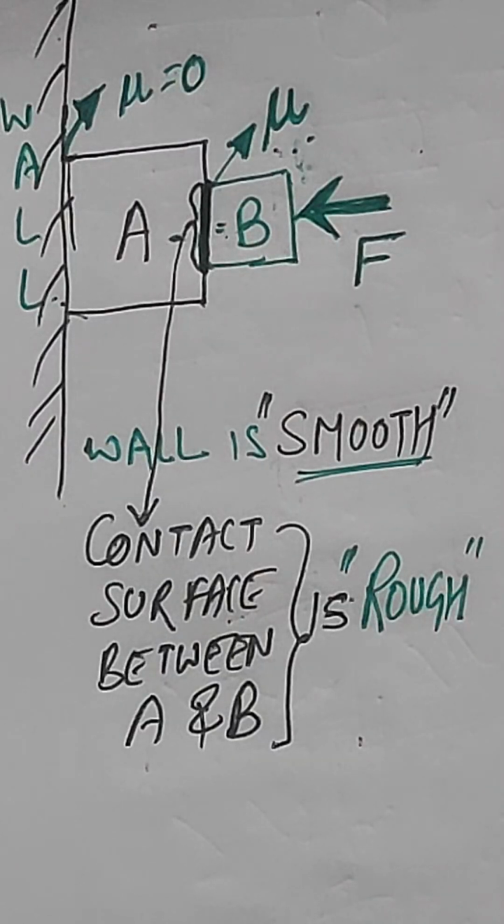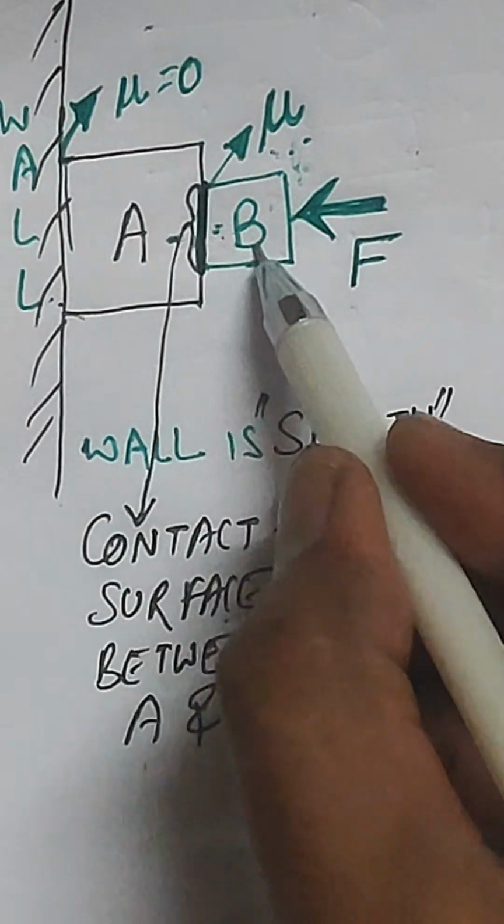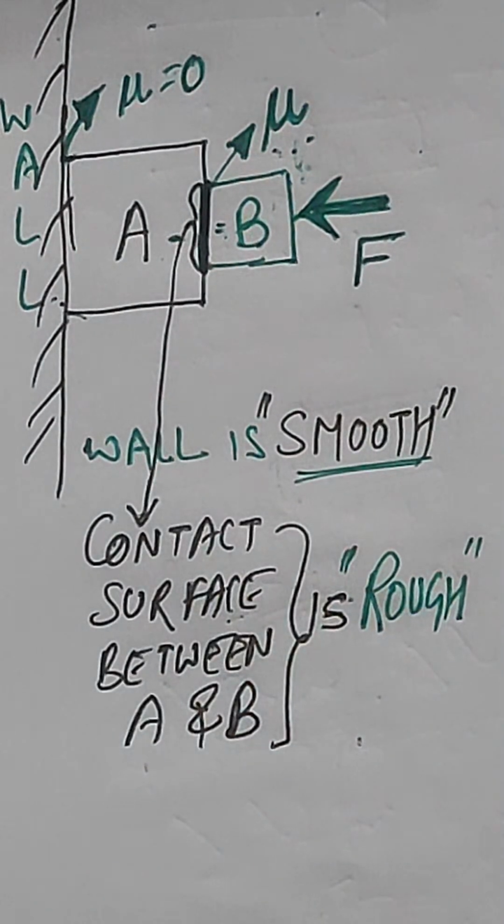Now the friction on B due to A in equilibrium. What is the friction on B due to A in equilibrium, right?